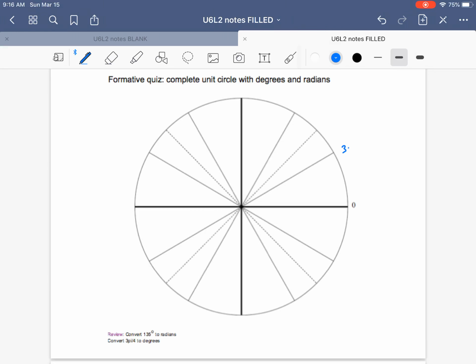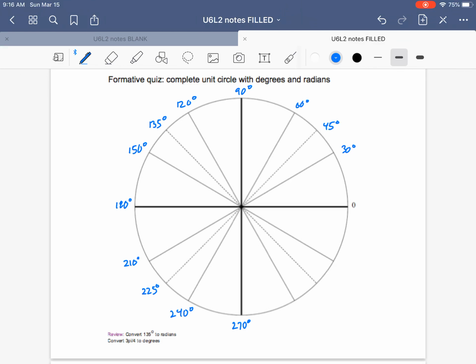All right, this is 30, this is 45, this is 60, this is 90, this is 120, this is 135, this is 150, this is 180, okay? Notice I'm writing the degree sign for everything. That's important. Then we've got 210, 225. This is 240.